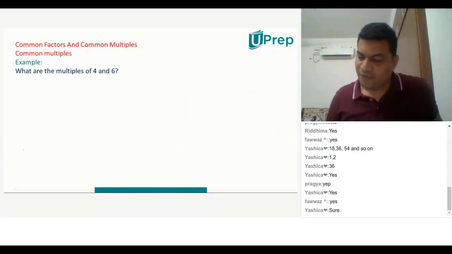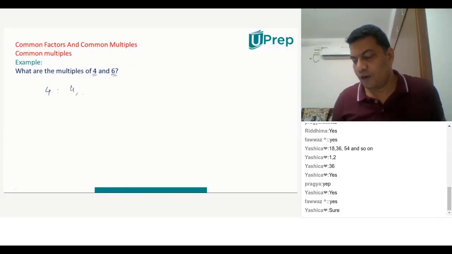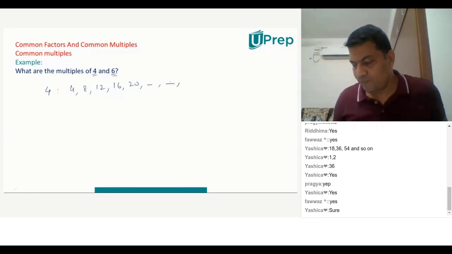Let's look at common factors and common multiples. What are the multiples of 4 and 6? We want to look at common multiples. Let's quickly look at the multiples of 4: 4, 8, 12, 16, 20, and so on. Very good.